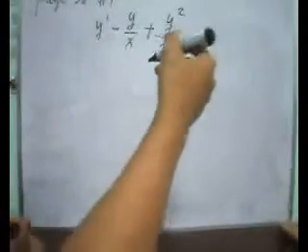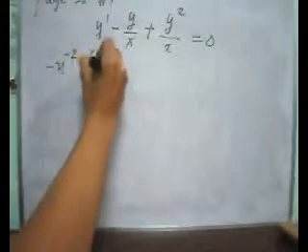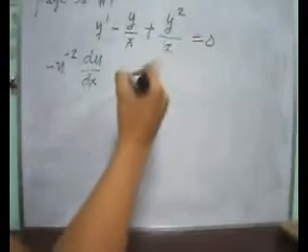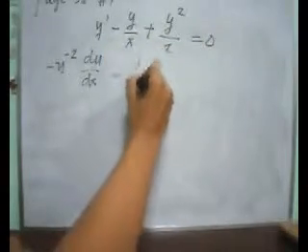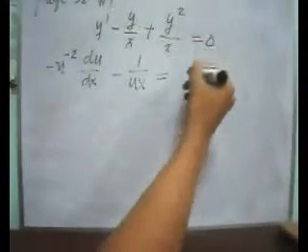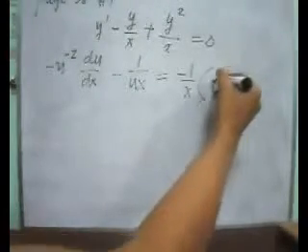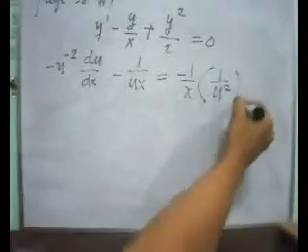Okay, so let's substitute. y prime will now be equal to negative u to the negative 2 du dx, minus 1 over ux, equals negative 1 over x times 1 over u squared.